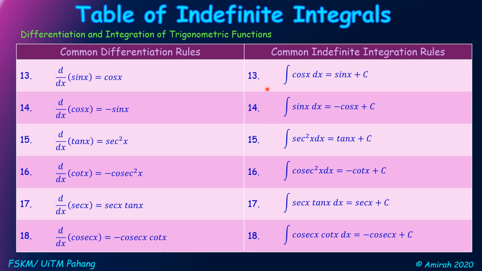And when we integrate back cos x, we will have sin x, and we put plus c at the back. When we differentiate cos x, we have negative sin x. We have 6 trigo ratios here. And when we integrate sin x, we have negative cos x.